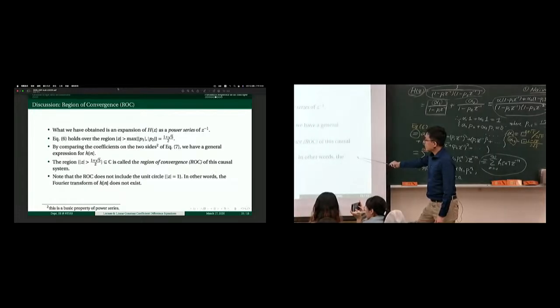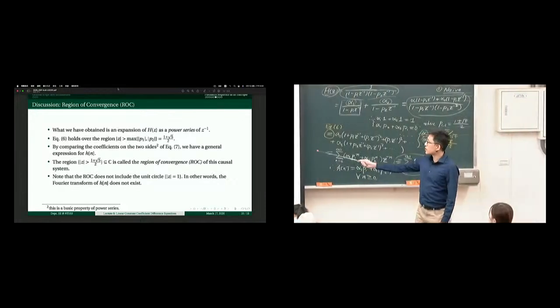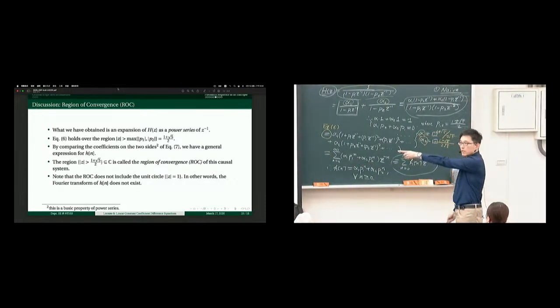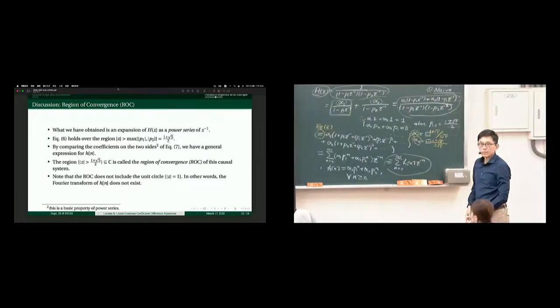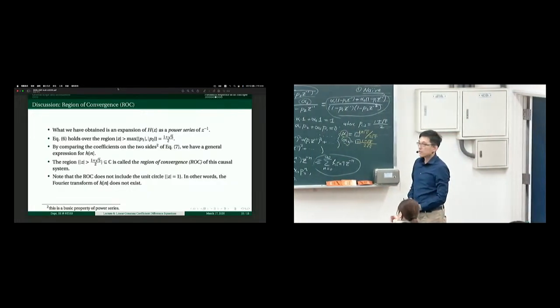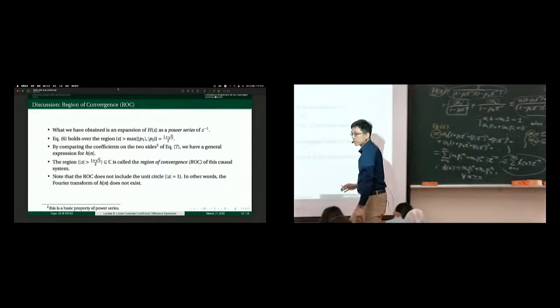So now note that if I ask you, does the region of convergence include the unit circle? That's the next question. The region of convergence right there, outside the larger of the two circles.